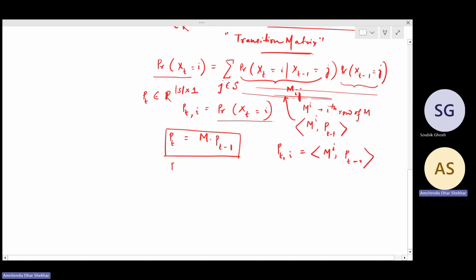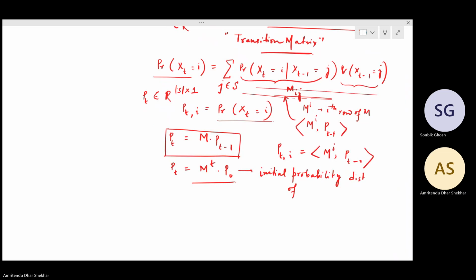In particular, you get pt equals M to the power t times p0. This p0 is the initial probability distribution over states.